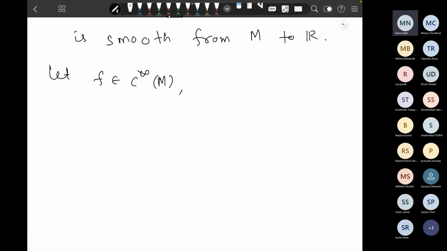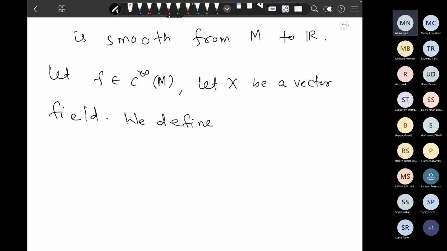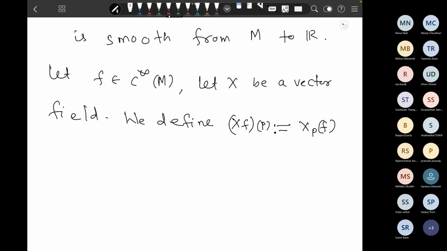Let f belong to C infinity, and let X be a vector field. So we define X f at some point p; this is really X_p of f.